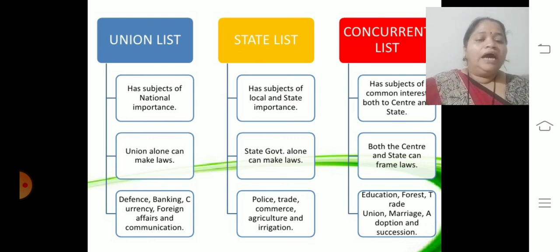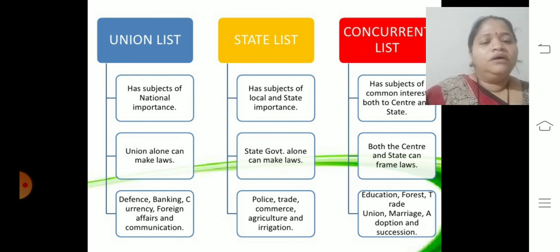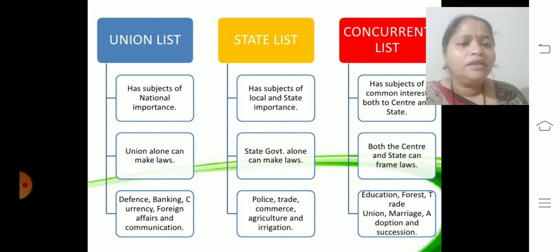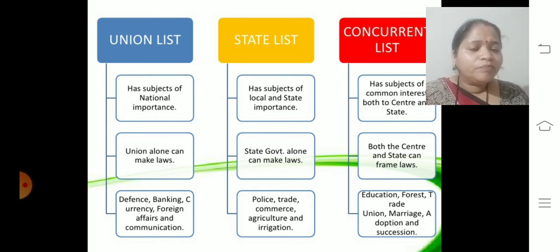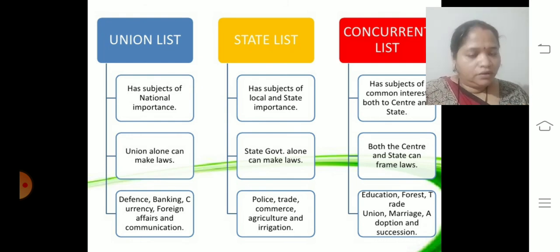Under every state, the police works. You have seen the uniforms of different police in different states. Trade also, like in Maharashtra, there is good production of cotton, pulses, and sugarcane. So trade will be according to that. The state will take the decision on what to export in more percentage and what to import in my state.